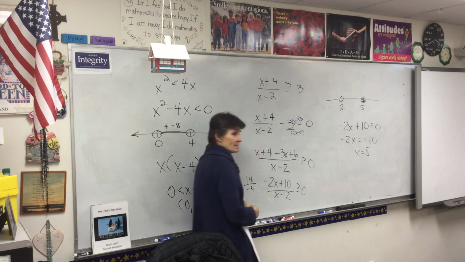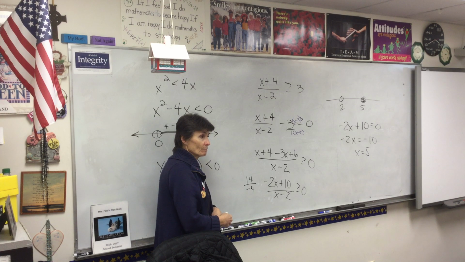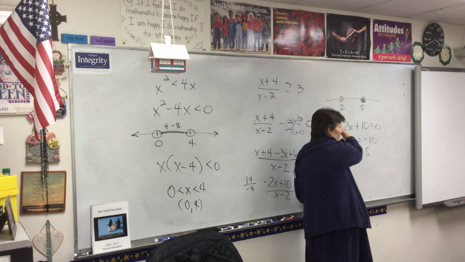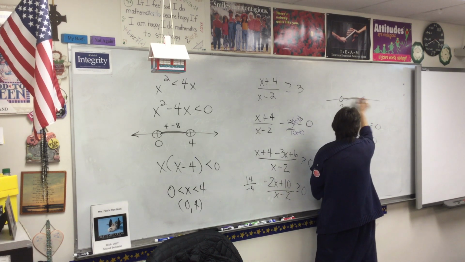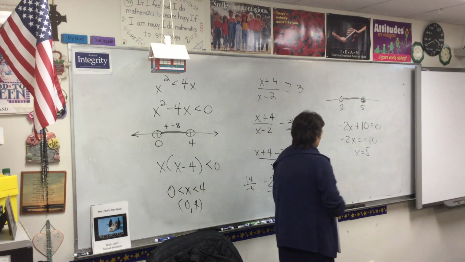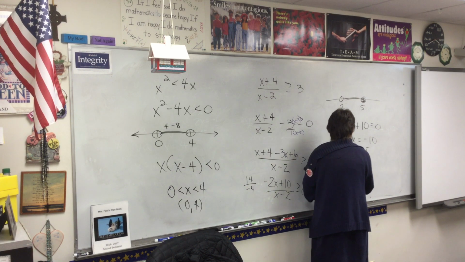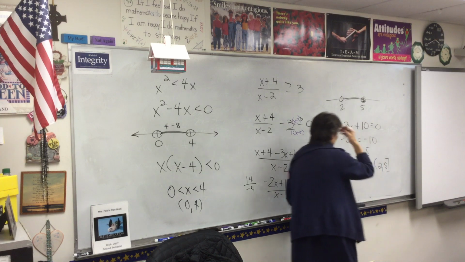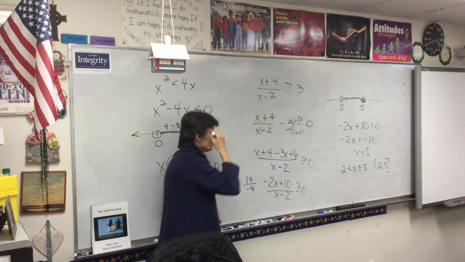Is that bigger than 0? No. So negative 2 did not work, which means this is shaded. So my answer is everything between 2 and 5. 2 is open and 5 is closed.